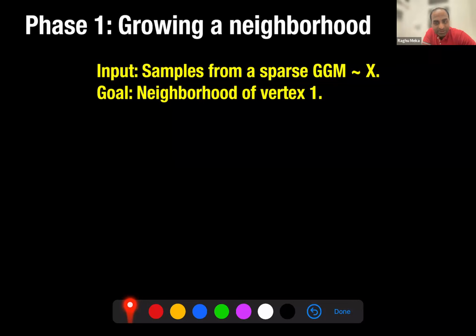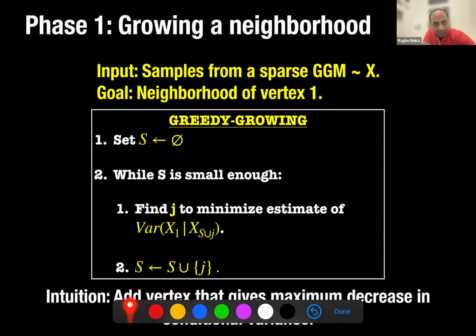But it turns out the best way to do it is to do it in a greedy way in the following sense. So I'll start with an empty set as the set of neighbors for vertex 1. I don't know where the vertices are, so I'll start with the empty set.